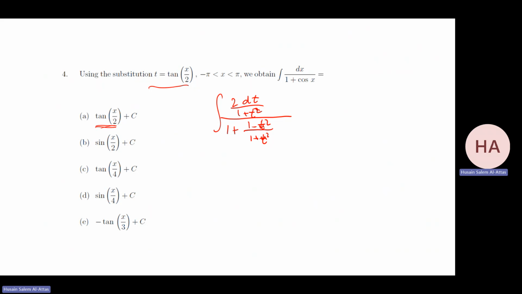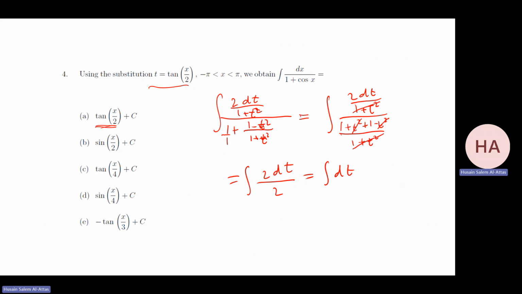I'm used to u, no problem. 2 dt over 1 plus t square over 1 plus t square plus 1 minus t square, all over 1 plus t square. This is cancelled. So we have 2 dt over 2, which is dt, which is t plus c, which is tan x over 2 plus c, which is this one.